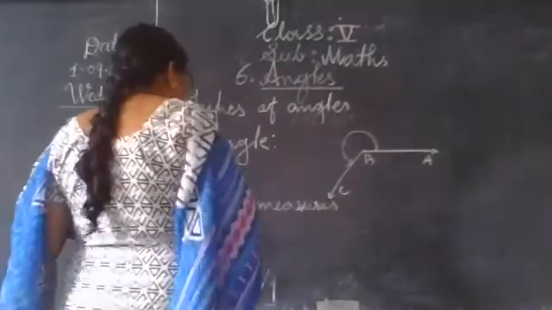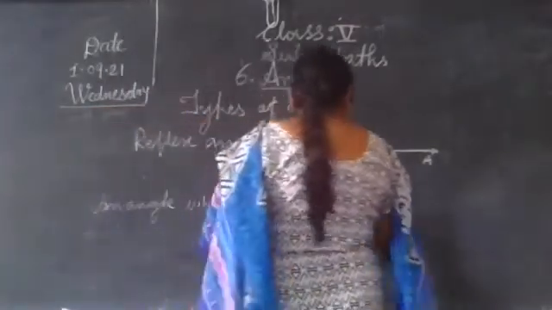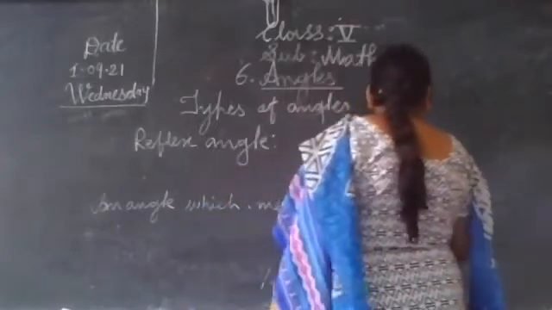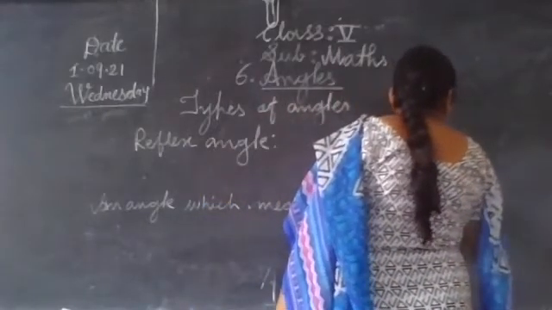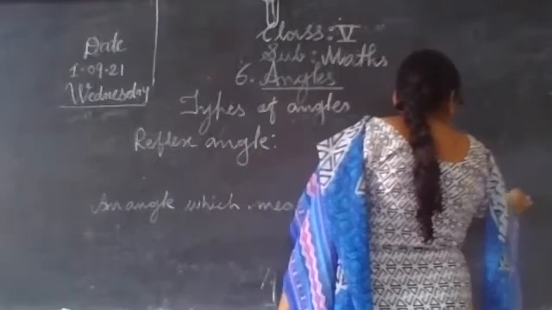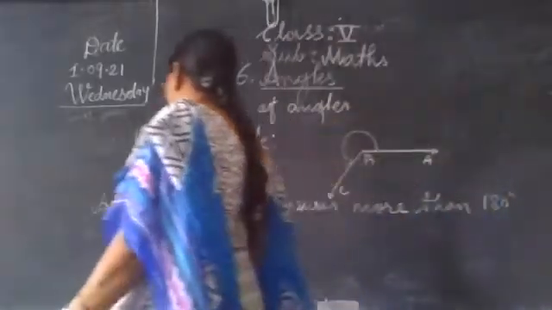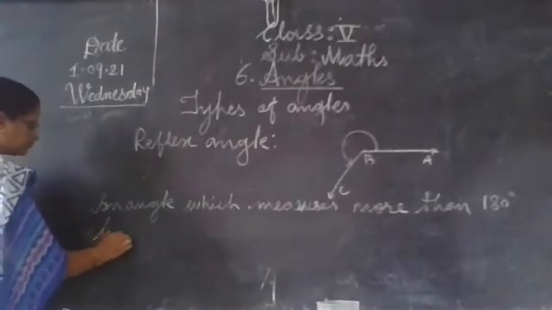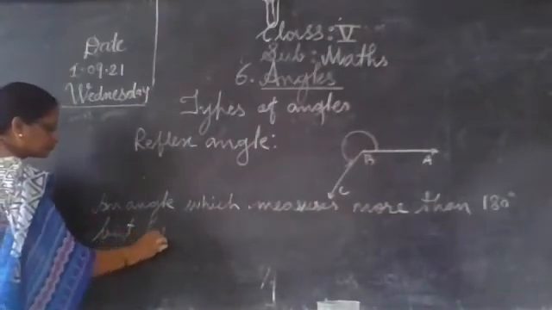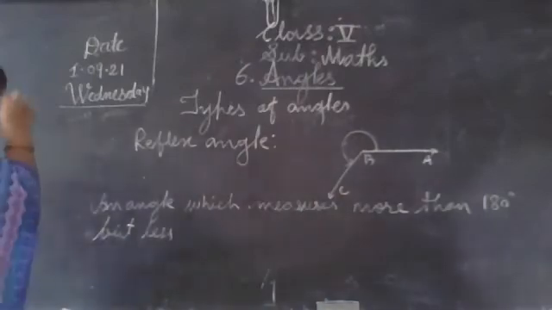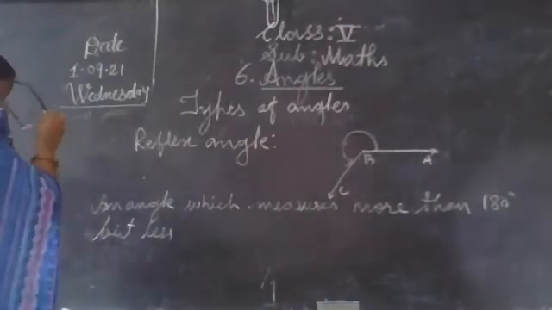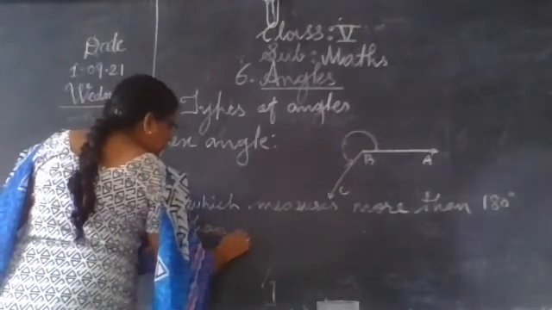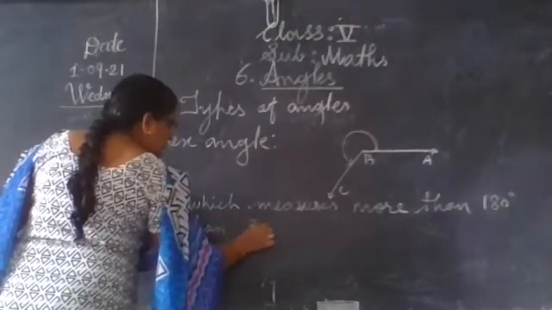An angle which measures more than 180 but less than 360 degrees.